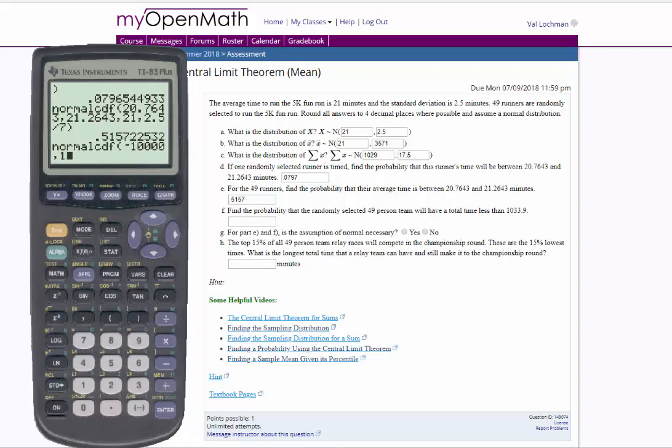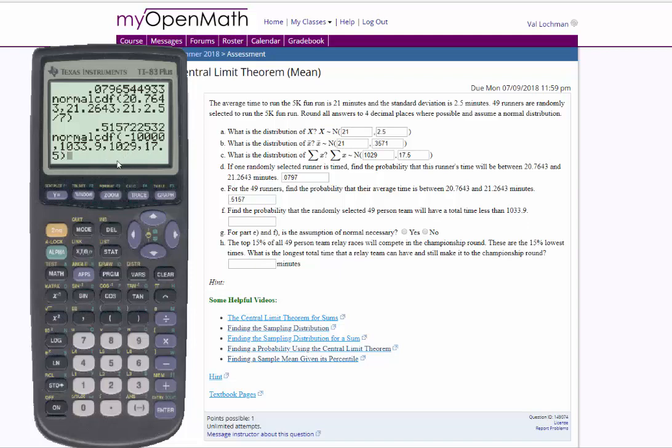The upper limit is 1,033.9. The mean is 1,029, and the standard deviation is 17.5, right? Now, I'm looking at this and I already know that I'm going to get higher than a 50% chance of this happening. Why is that? Because if this is my mean, that sits right in the middle, and this is just to the right of this number.